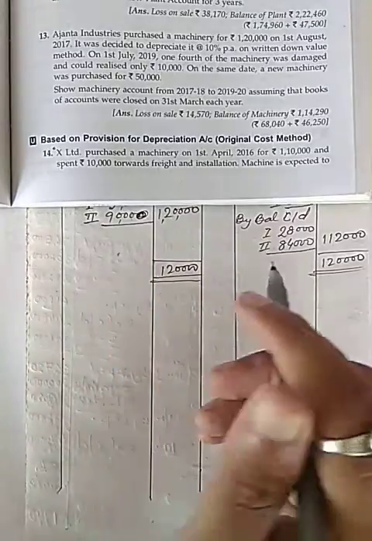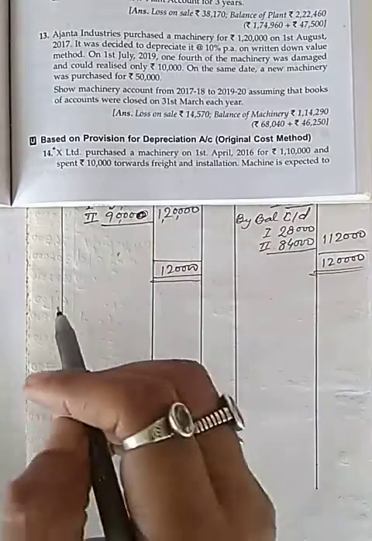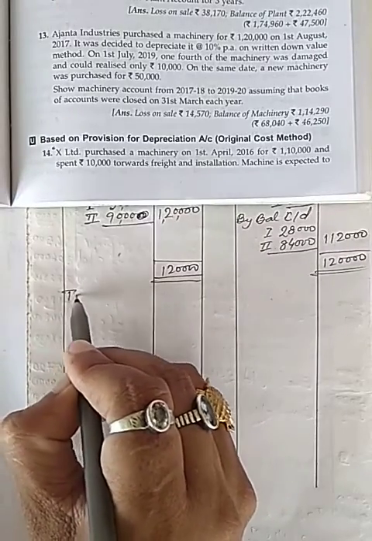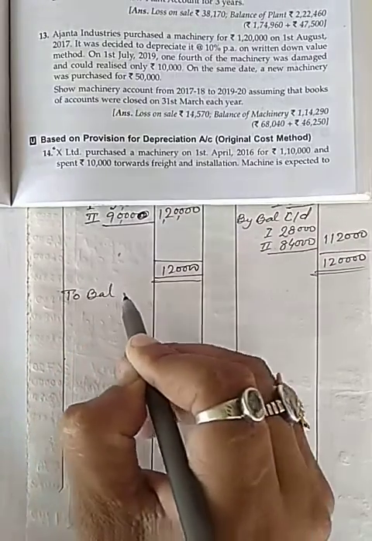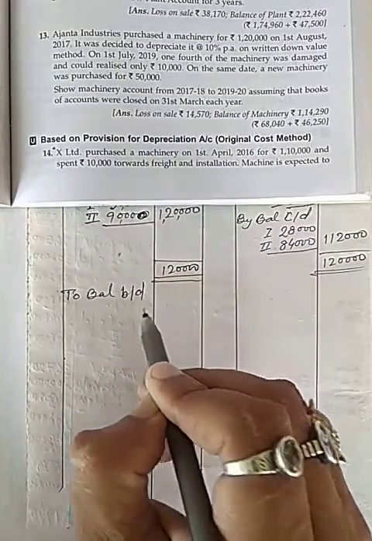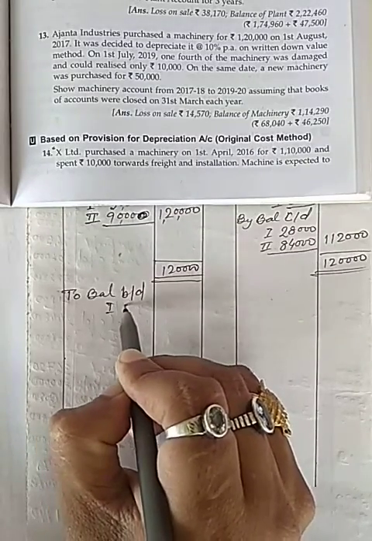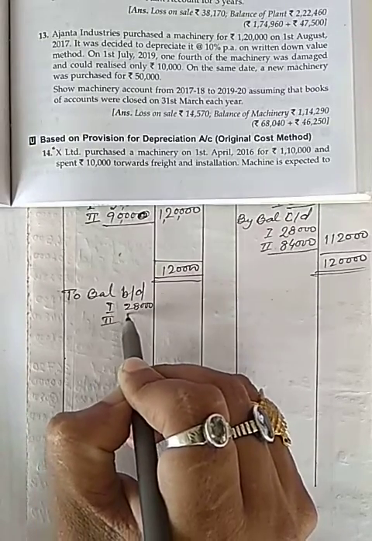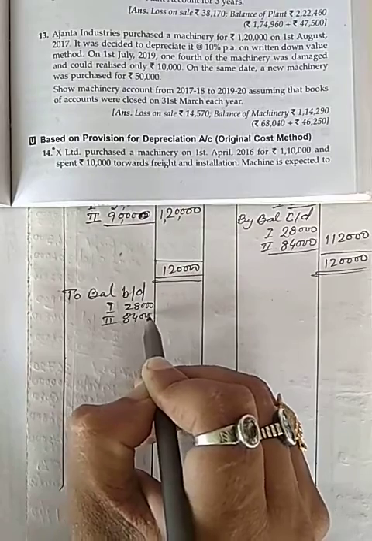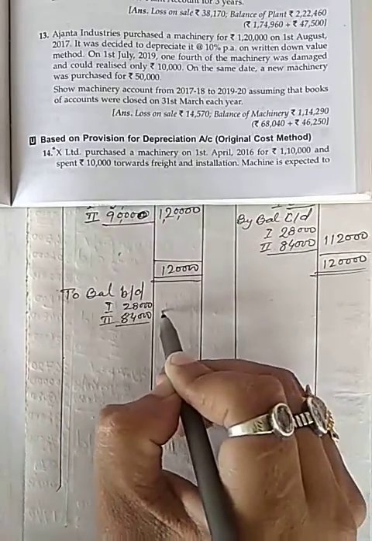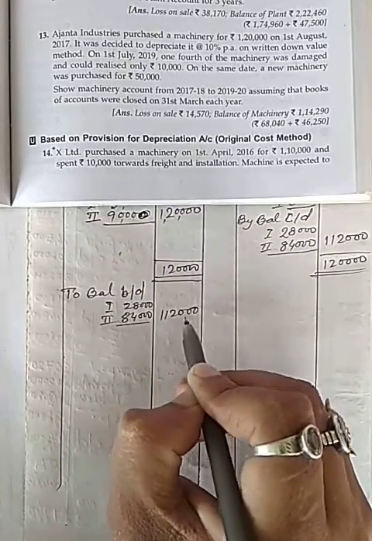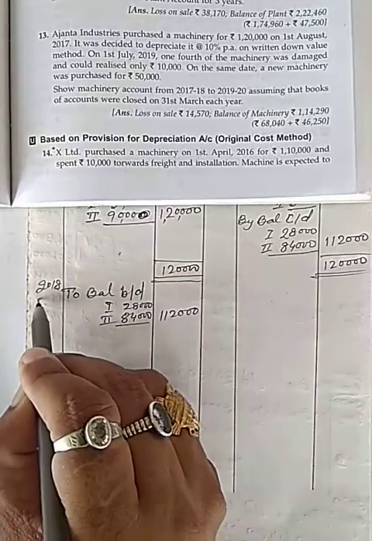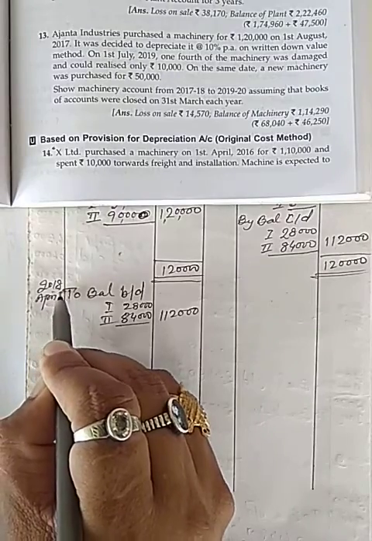So I will transfer this balance to next year. So we will write to balance b/d, first part 28,000 and second part will be 84,000, and total will be 1,12,000 on 2018 April 1st.